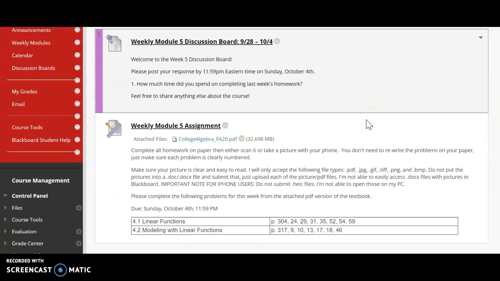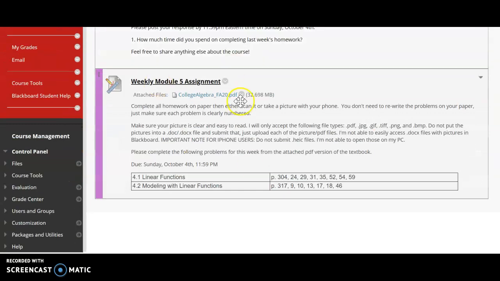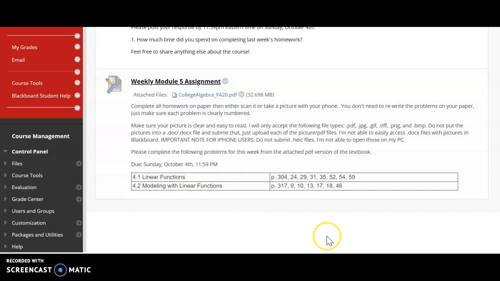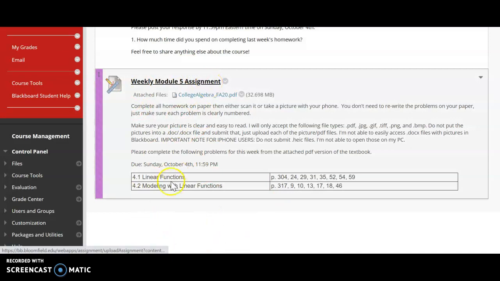So for this week's homework 4.1 and 4.2, the answers will be posted on Monday, September 28th, right here underneath this weekly module 5 assignment folder.